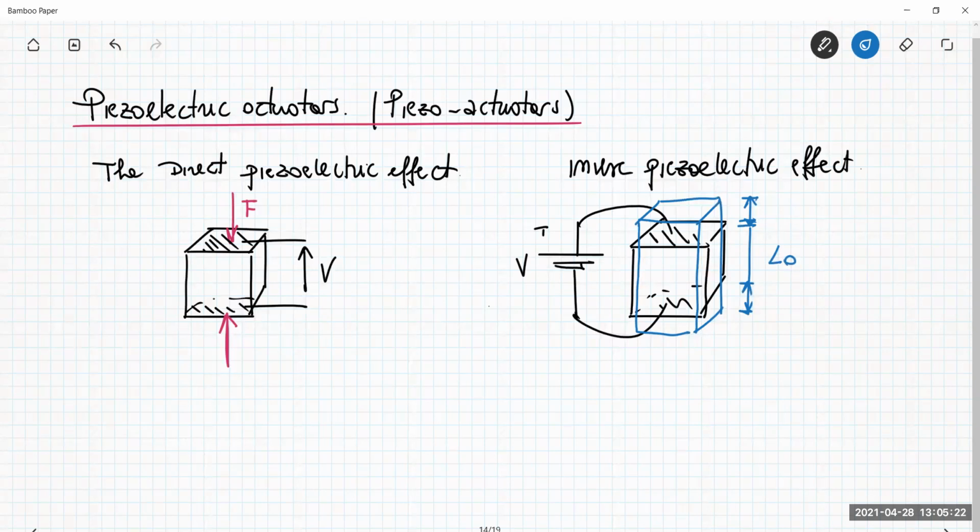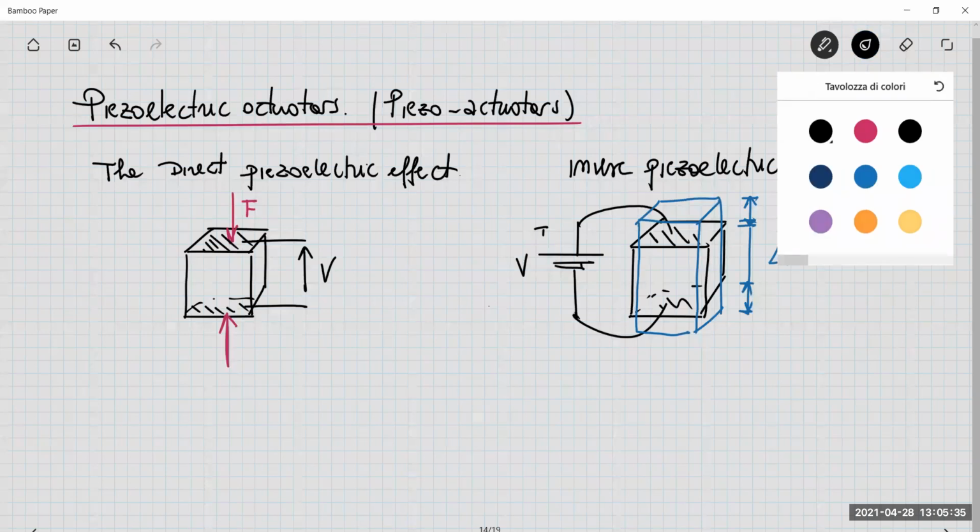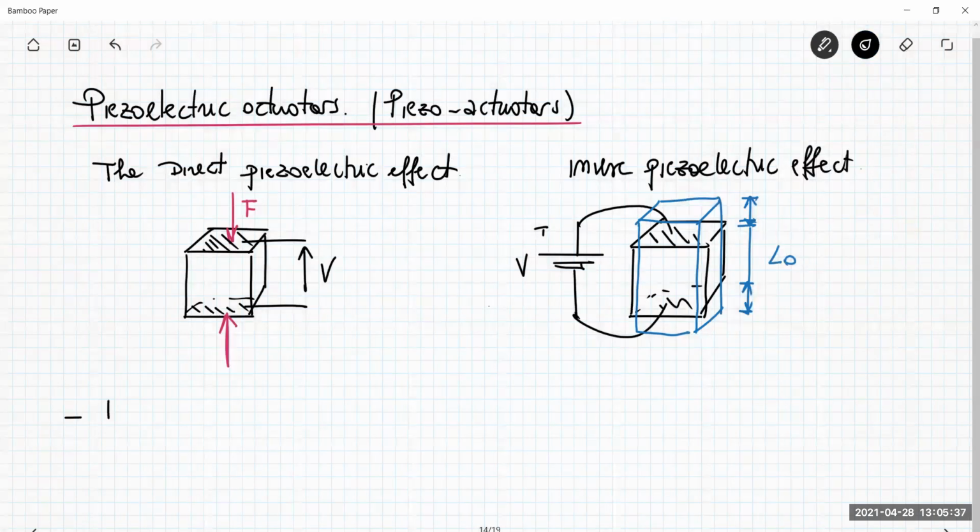This type of behavior is present naturally in some crystals, so they exhibit this phenomenon. There are several different materials.